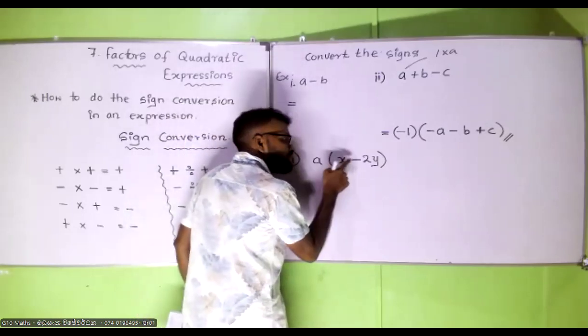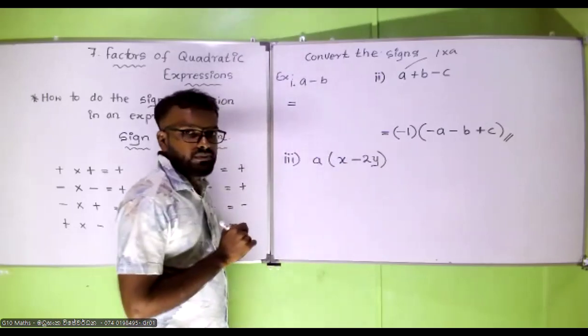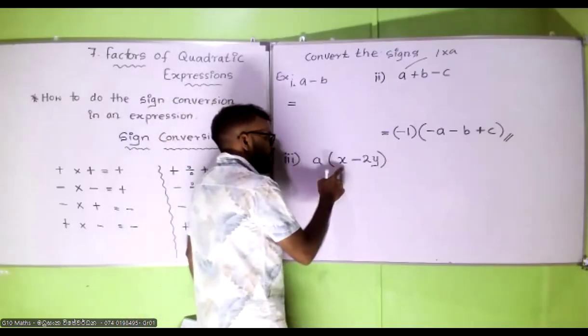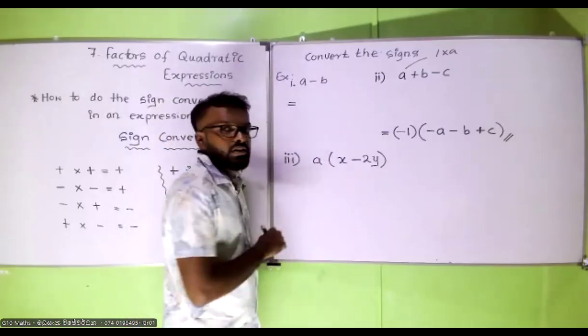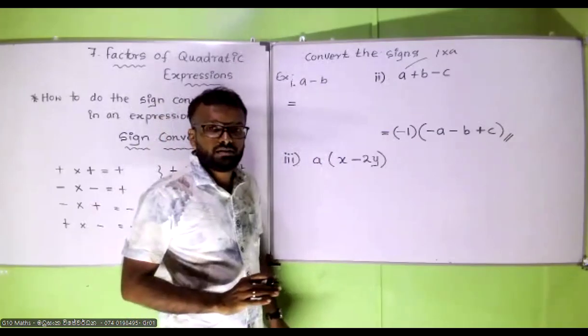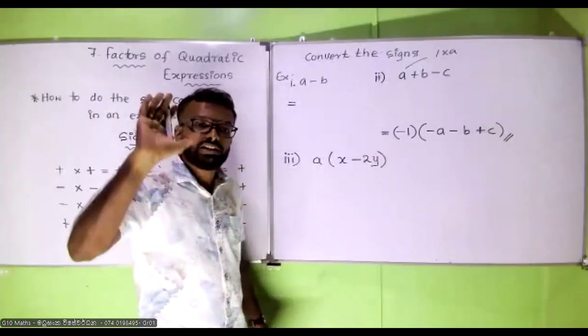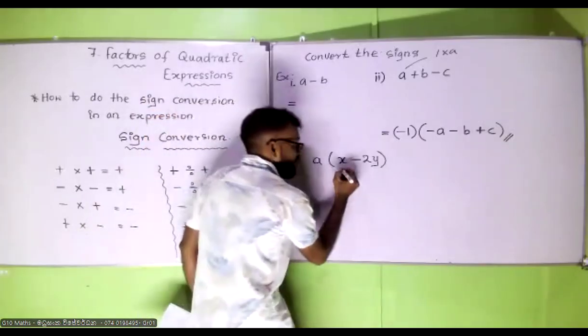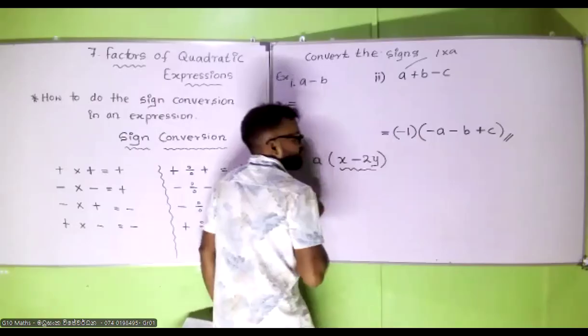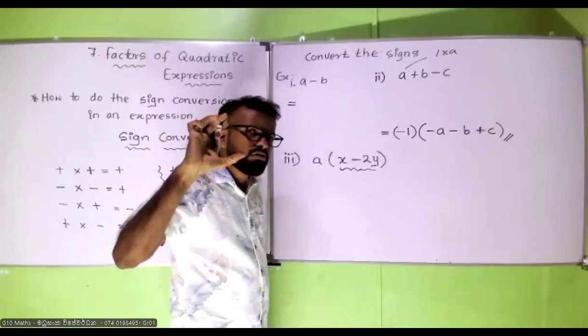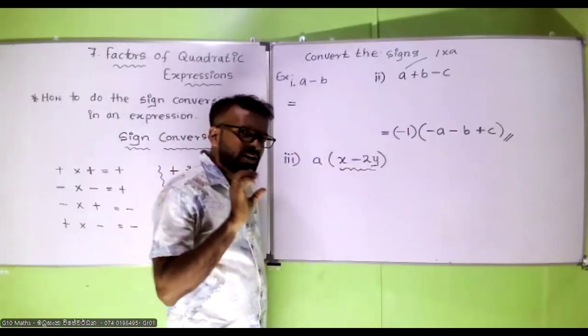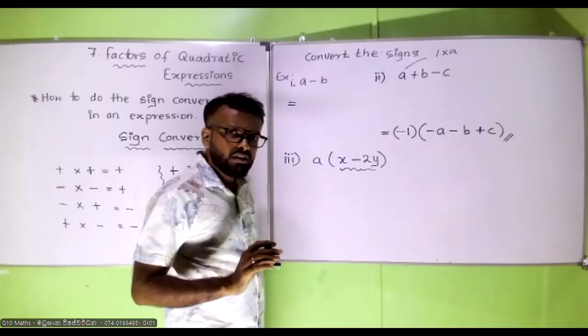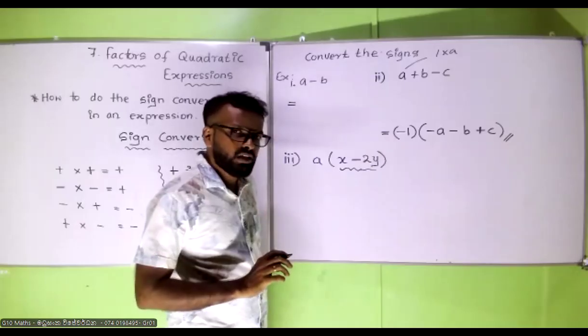This is positive x, this is negative 2y. In front of that, you have a common term. If you want to change the signs inside the bracket, what you have to do very simply?